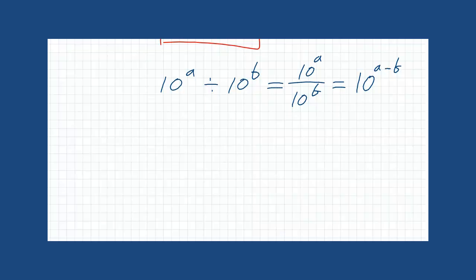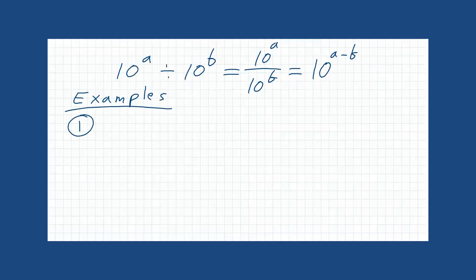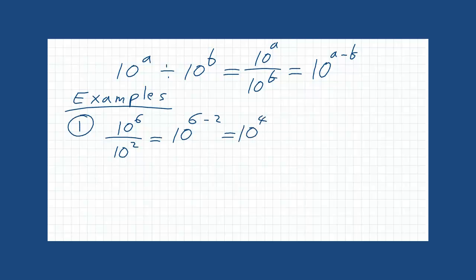Let us take some examples. Example 1, 10 to power 6 divided by 10 to power 2. It is equal to 10 to power 6 minus 2, which is equal to 10 to power 4.